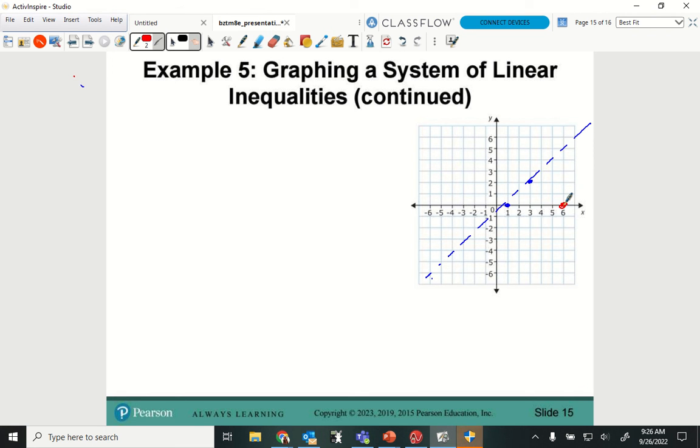And that one also has to cross through the point right here. And is that solid or dotted? Solid. Yep, it is solid. There we go.